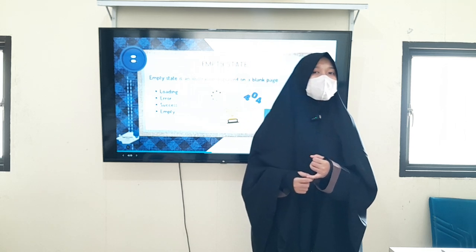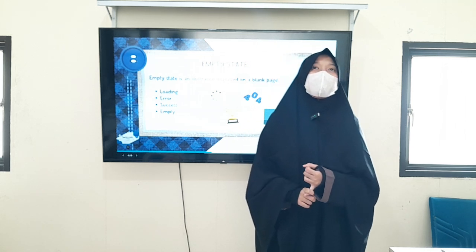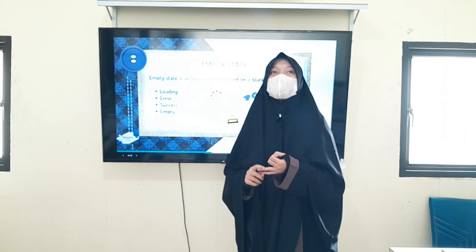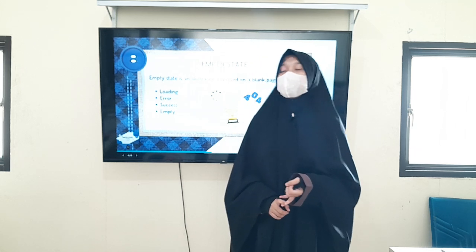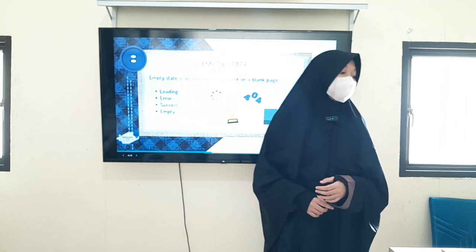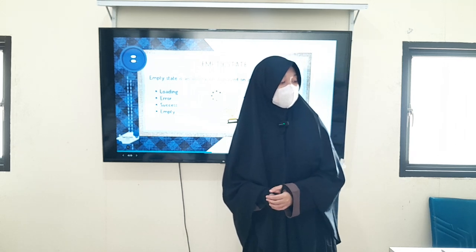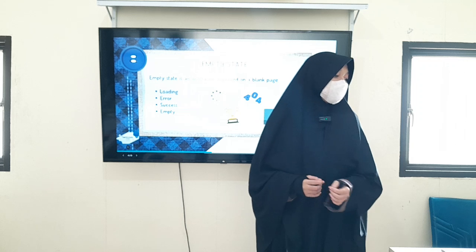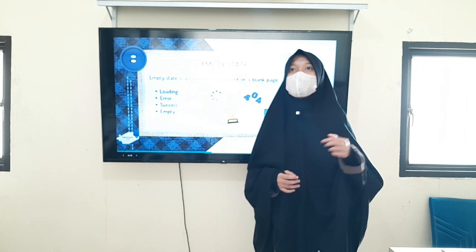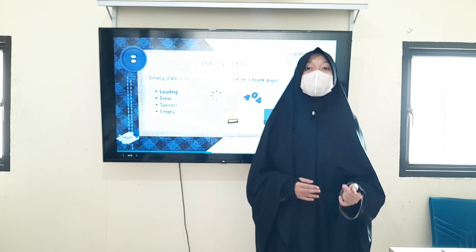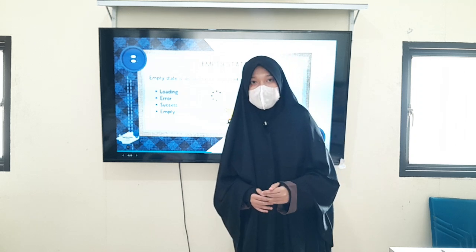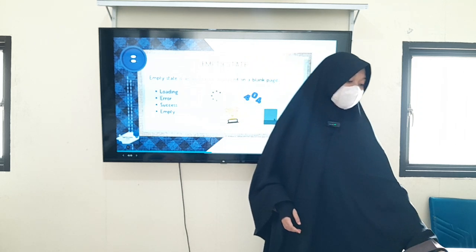For loading, like loading material, and for error, like page not found, no internet connection, or maybe you know it as a 404 error. And for success, like the payment is successful, and lastly empty, like you don't have any mail or chat. Maybe you're still confused what an empty state looks like. So to make it clear, this is the example.